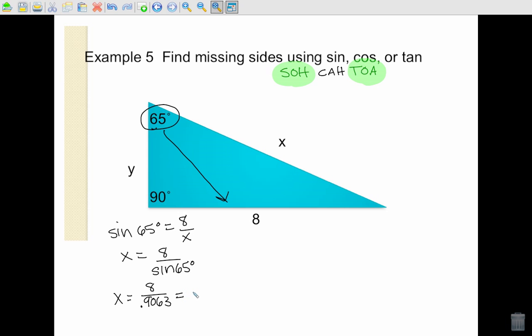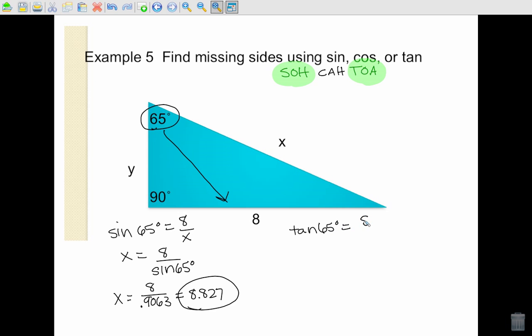So you can plug that all into your calculator at once, or you can find the sine of 65, which is 0.9063, and that's going to equal 8.827.